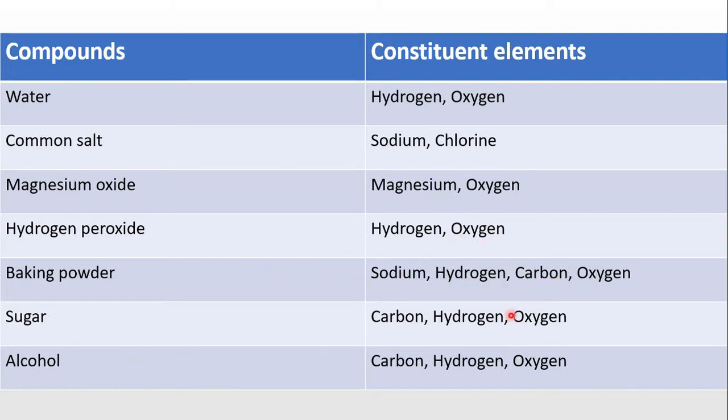Sugar: carbon, hydrogen, oxygen. Alcohol: carbon, hydrogen, oxygen. So we see that sugar and alcohol are formed from the same elements, carbon, hydrogen, oxygen, but we should know that different proportions of these come together to form sugar, and a different proportion for alcohol.